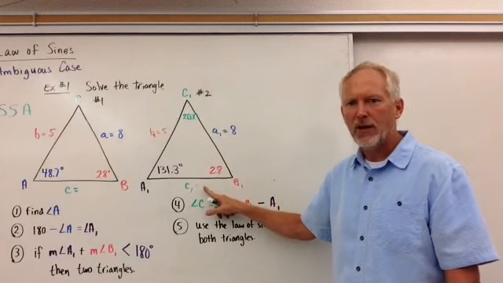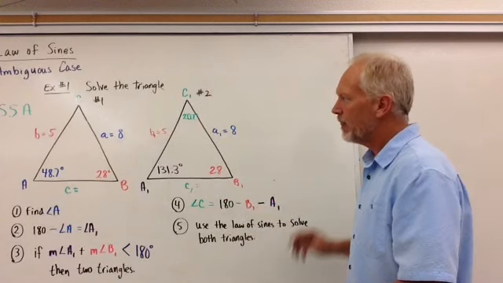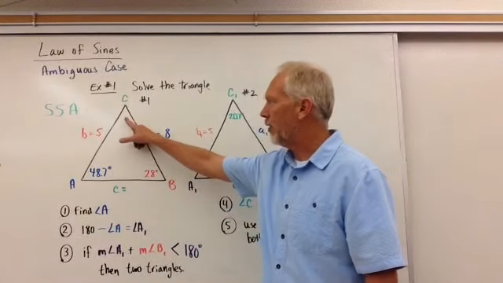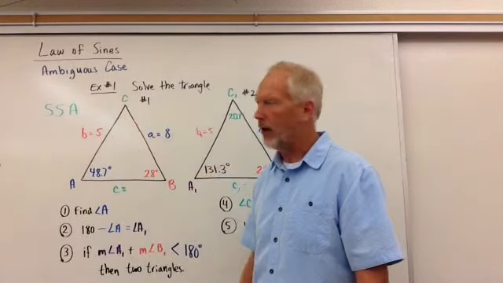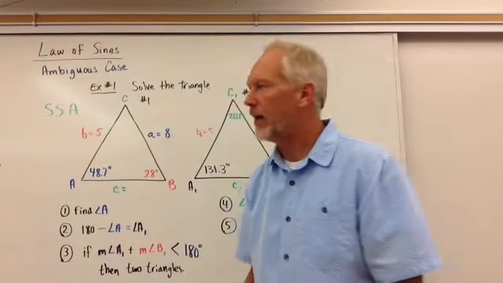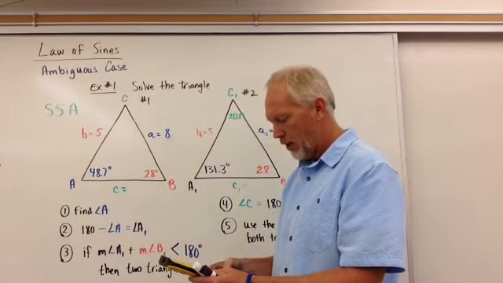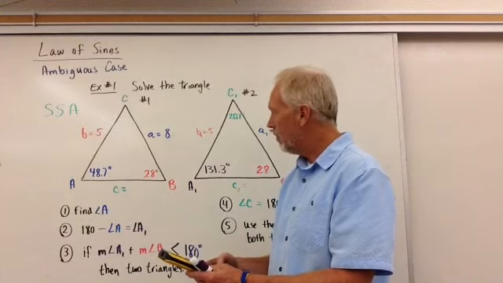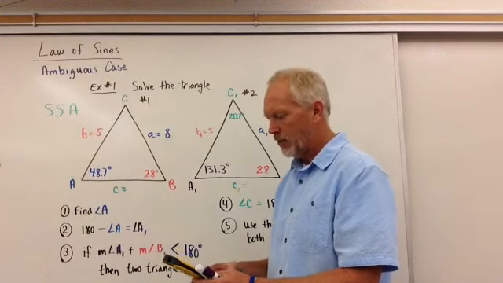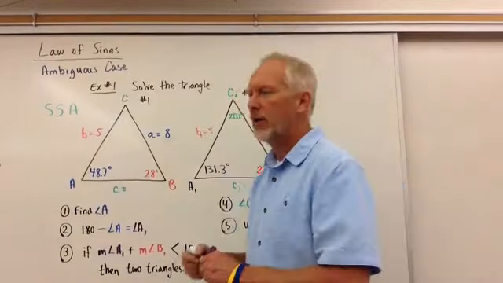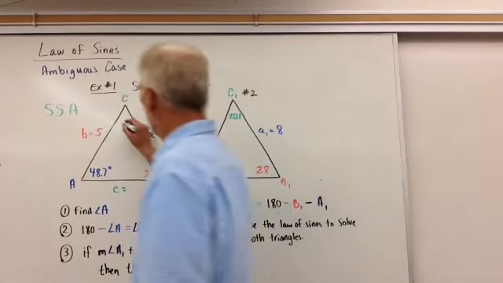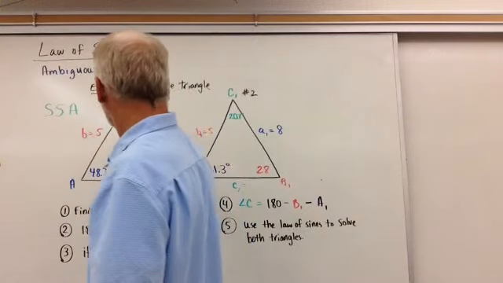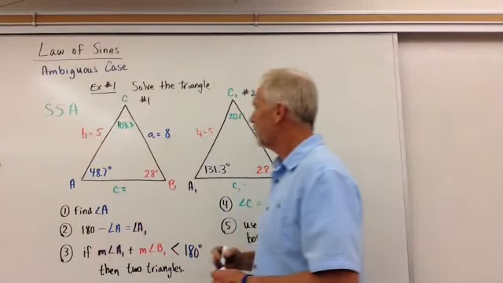Now all we have to do is solve for side length C, and also solve for this triangle here. If we simply take 180 minus 48.7 minus 28, we'll see that this green angle is 103.3 degrees.